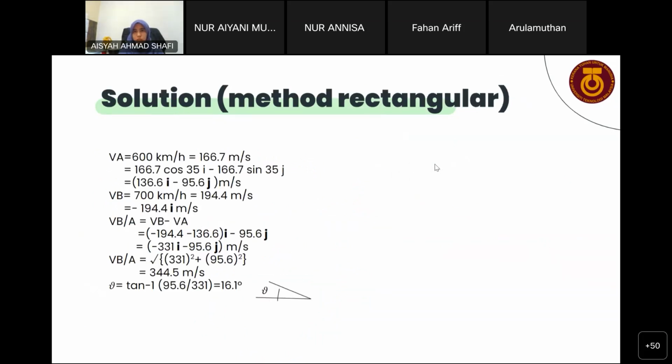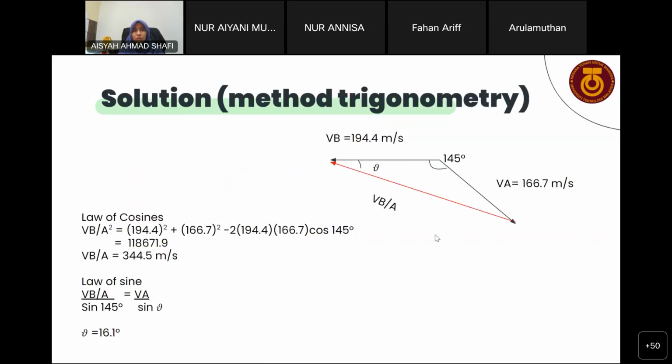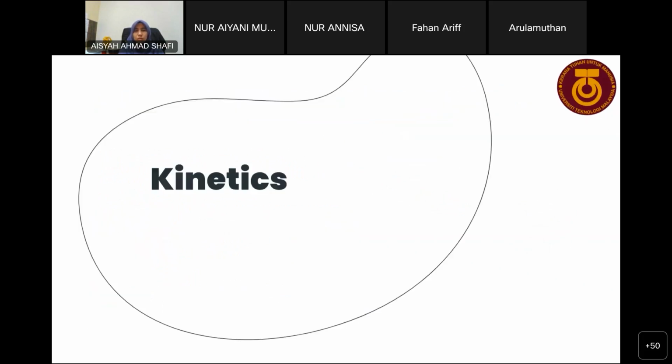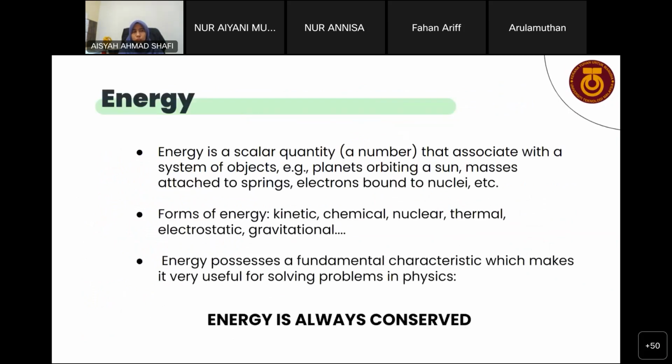If it's not the same point, you need to rearrange it into a triangle with the same point. I will share more exercises on this. But now, proceed to the kinetics.